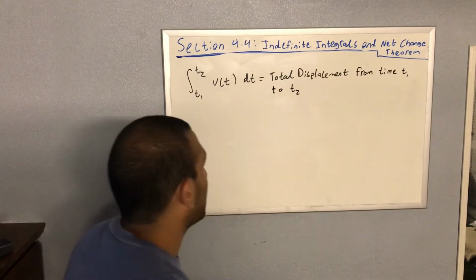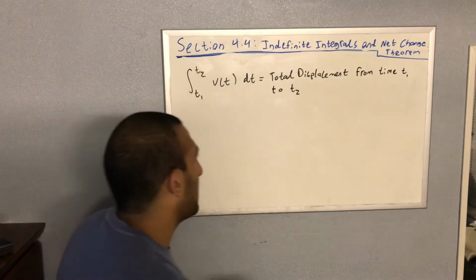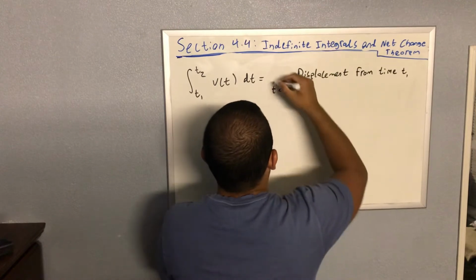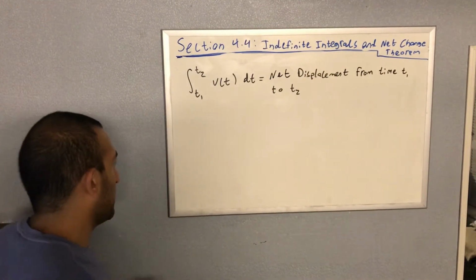Remember, the net change theorem gives you the net, so net is better as opposed to total. So net displacement from time t1 to t2.